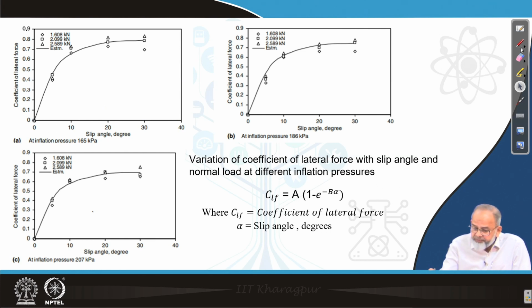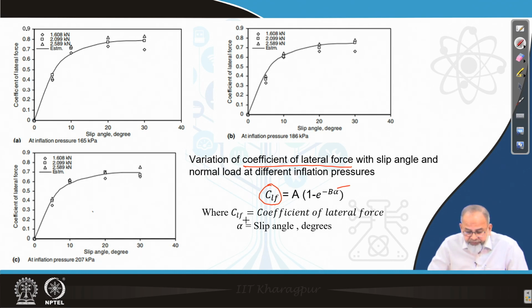CLF, which is nothing but the coefficient of lateral force, is equal to A into 1 minus e to the power minus B into alpha, where alpha is the slip angle in degrees. Now, CLF is dimensionless because lateral force by normal load is dimensionless.